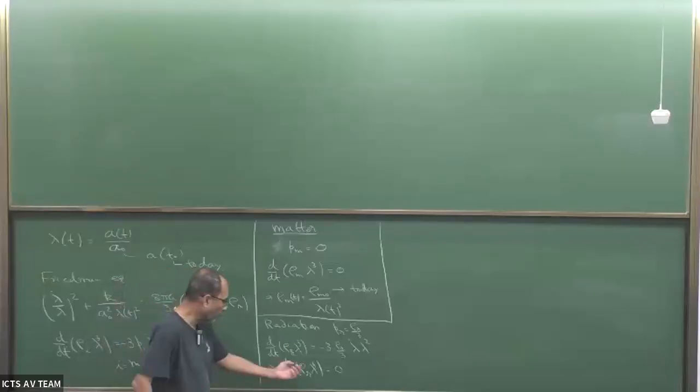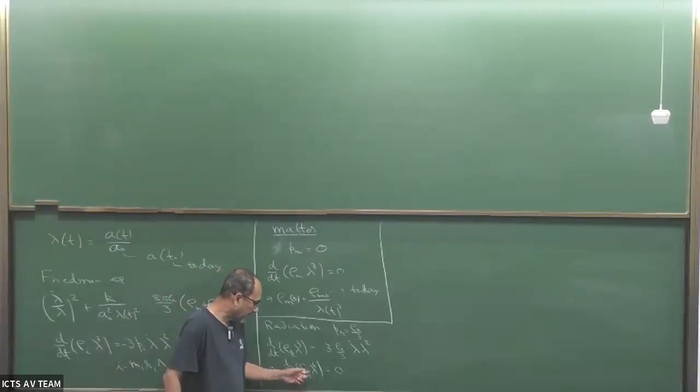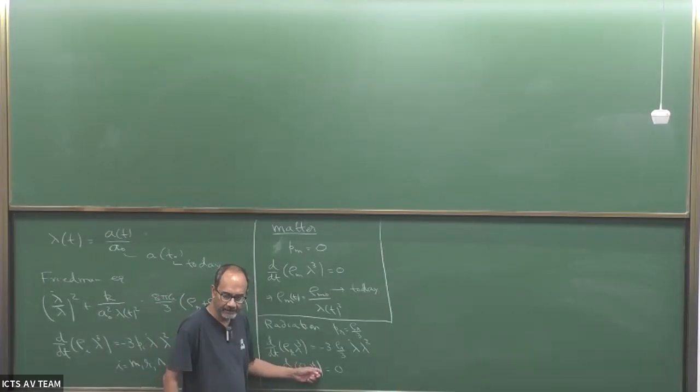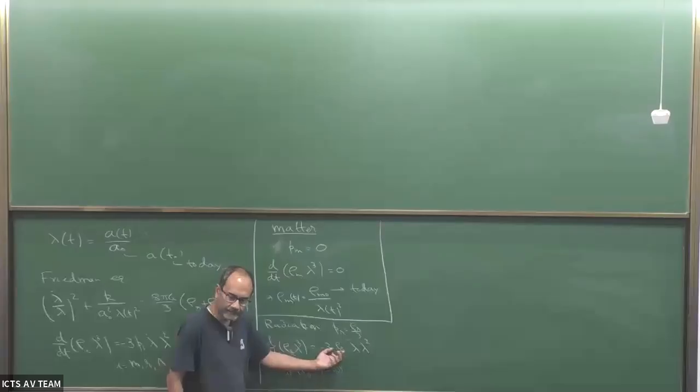If we just write rho_r lambda to the 4 as rho_r lambda cubed times lambda, and then do the distribution, d/dt of rho_r lambda cubed will be given by this. The other one will be rho_r lambda cubed times d/dt of lambda. That exactly cancels this term.